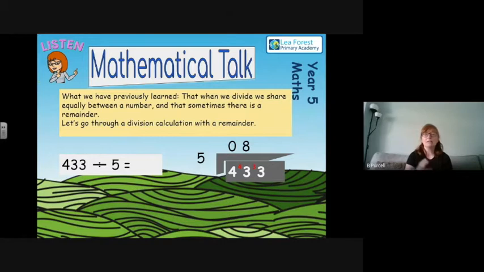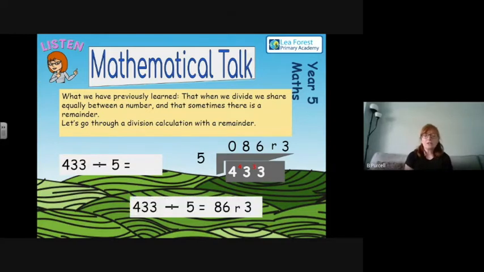Okay, so that gives me 6. And the difference between 30 and 33 gives me my remainder. So my remainder is 3. So 433 divided by 5 equals 86 remainder 3.